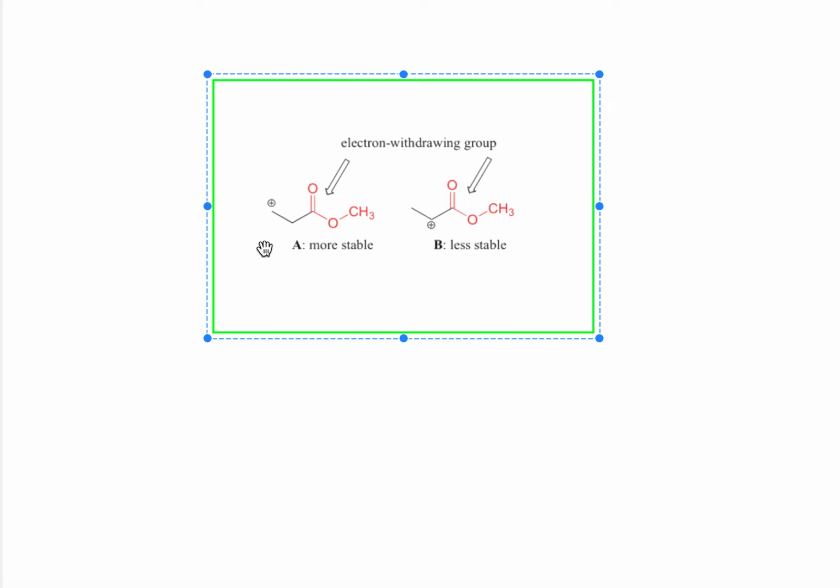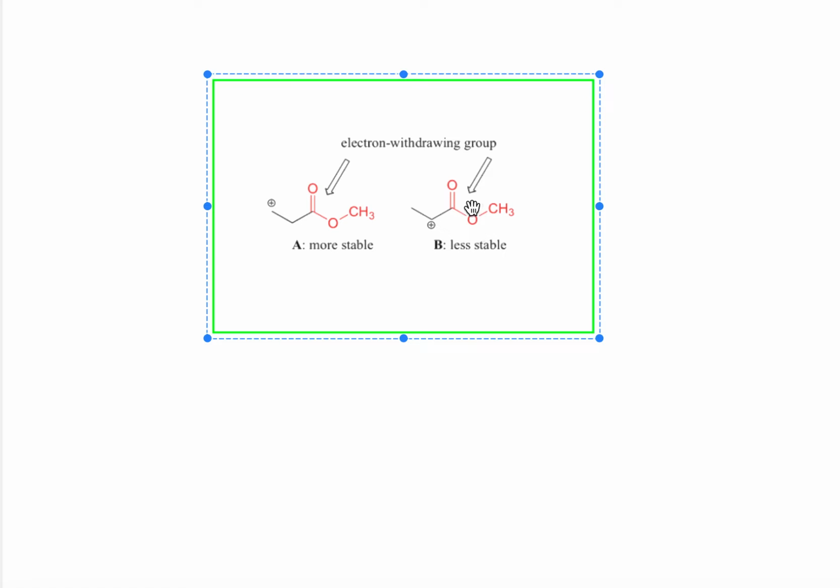It is not all about primary and secondary carbocation. Yes, primary carbocations are less stable as compared to secondary carbocations when there are no other carbocation stabilizing or destabilizing factors.